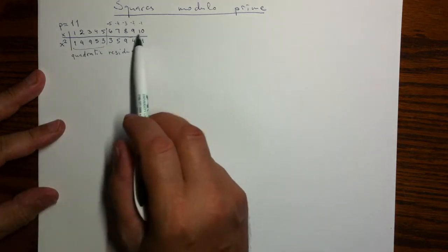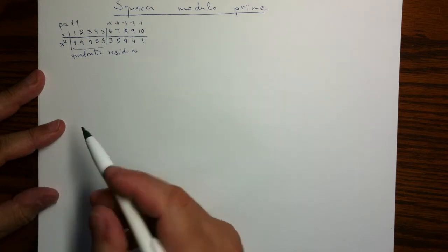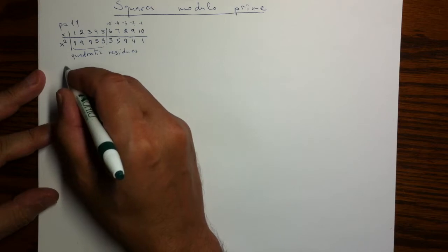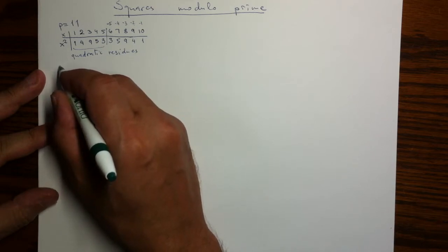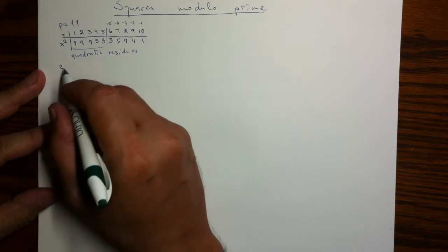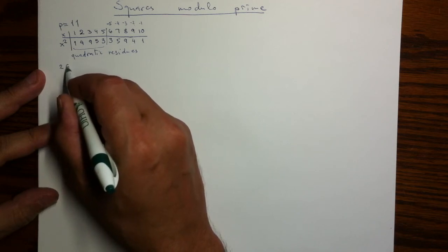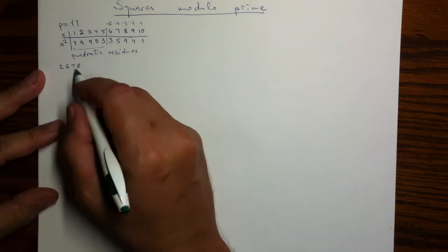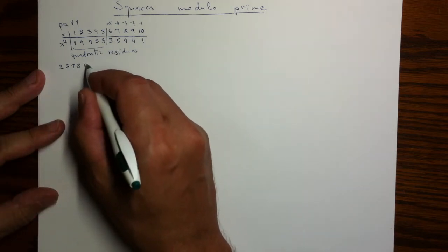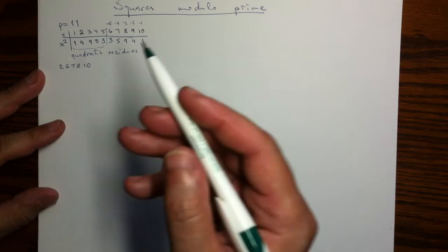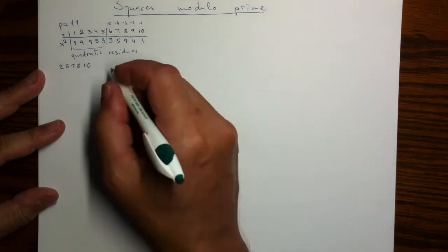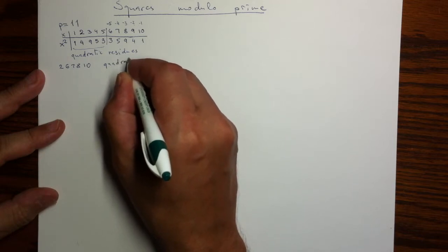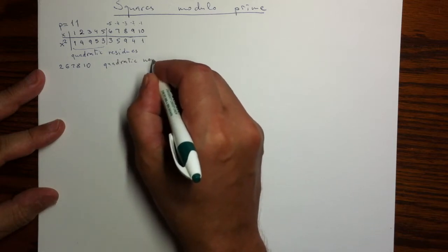Only half of our numbers appear as quadratic residues, so the other half are those which do not appear, and they are 2, 6, 7, 8, and 10. So these are not squares modulo 11, also called quadratic non-residues.